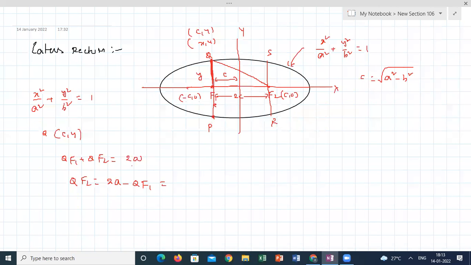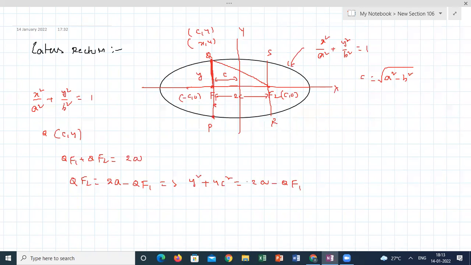So y square plus 2c square equals 2a minus QF1 the whole square. Y square plus 4c square is equal to 2a minus QF1, the whole square.